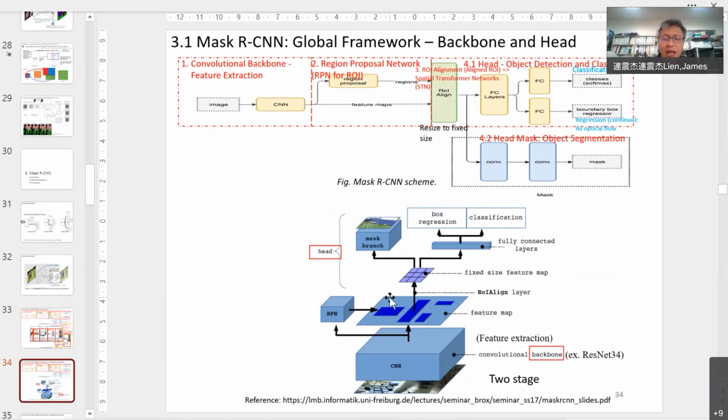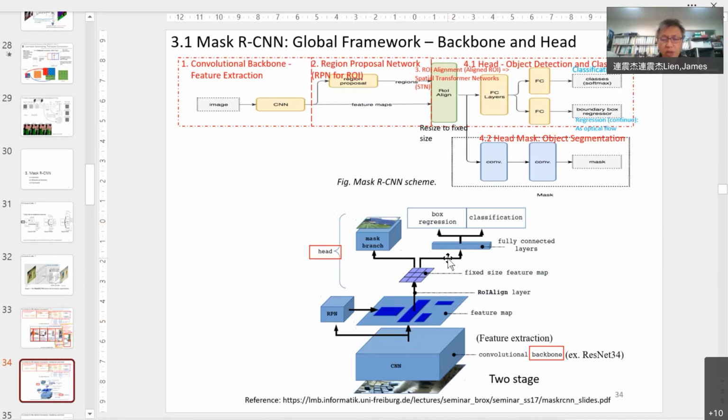However, people say RPN at this two stage is a little bit slower. So YOLO uses one stage, without RPN, so it's faster. But YOLO 1, 2, 3 is faster, but the accuracy compared with others like RetinaNet is lower.